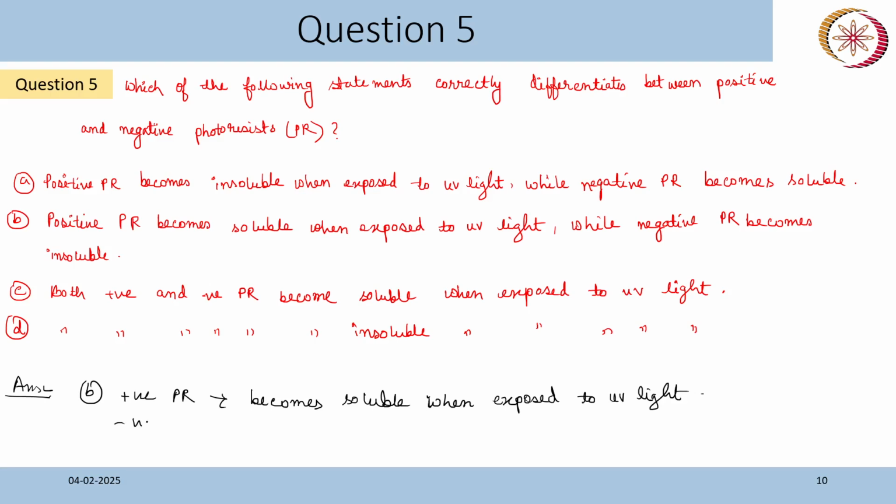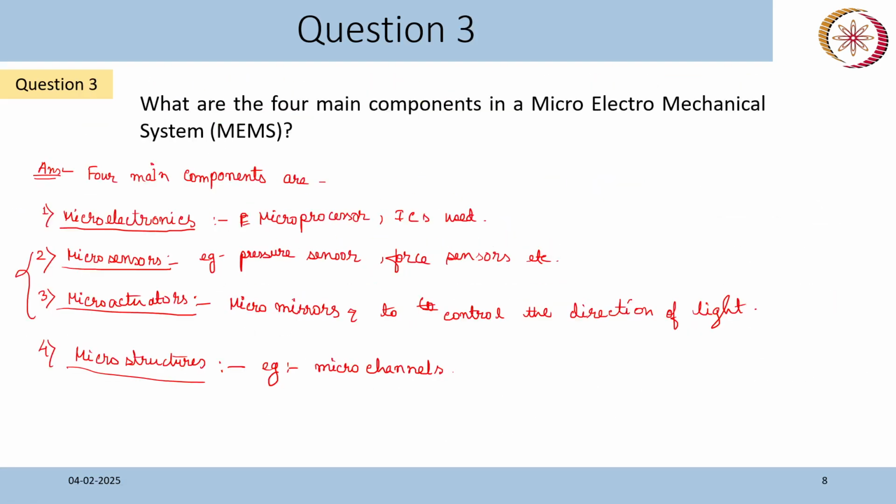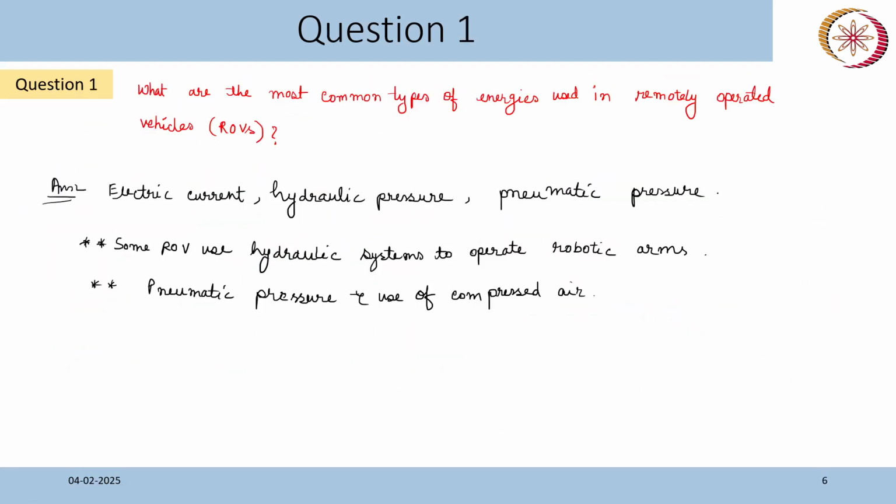And negative photoresist becomes insoluble, becomes very hard. It is actually very difficult to remove negative photoresist after exposure. Okay, I will show you the figure. Now you will be able to understand.